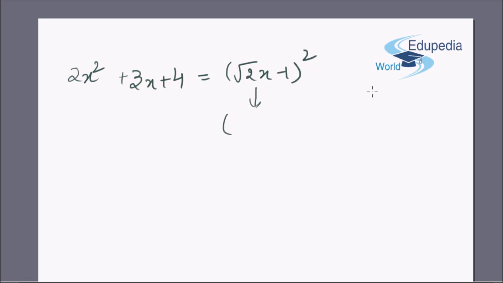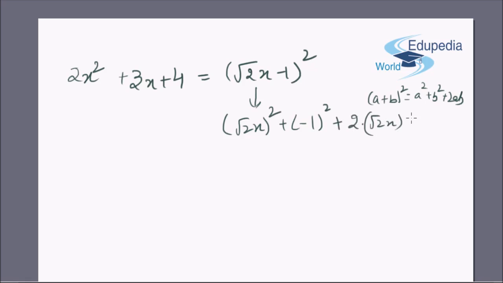Using the identity (a plus b) whole square equals a square plus b square plus 2ab, we get (under root 2x) whole square plus (minus 1) whole square plus 2 into under root 2x into minus 1, because we have taken a as under root 2x and b as minus 1.